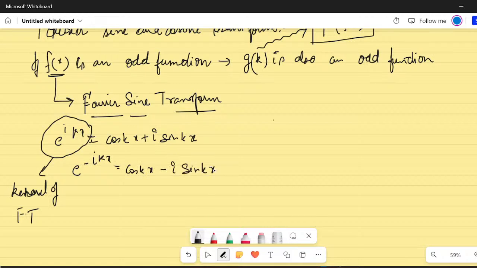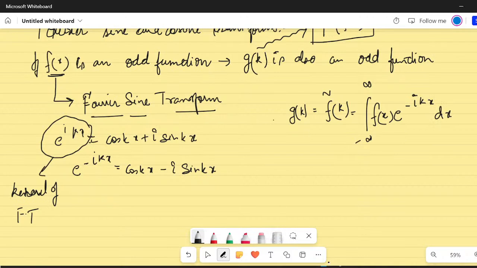Now if I want to find the Fourier transform, let's say it is g(k), or if you prefer the symbol f tilde k, whichever way it suits you, f tilde k is given by the integral from minus infinity to plus infinity of f(x) e to the power minus iota kx dx.